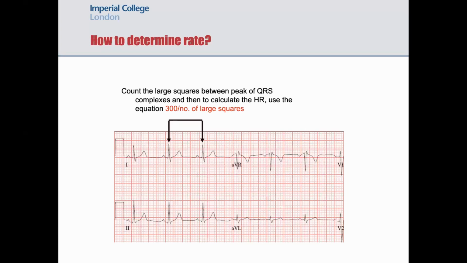Usually lead II is taken as the rhythm strip because the P wave is usually best visualized there. On a normal ECG page, it's 10 seconds. So you count every QRS in that whole lead and multiply it by 6. That's how you would work out the heart rate in an irregular or irregular sinus rhythm ECG.